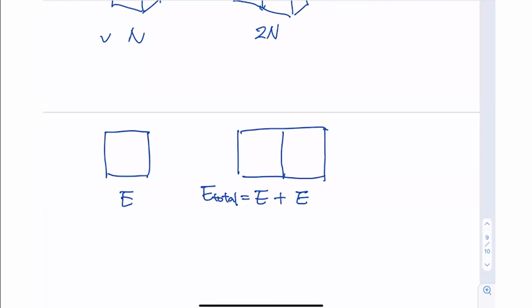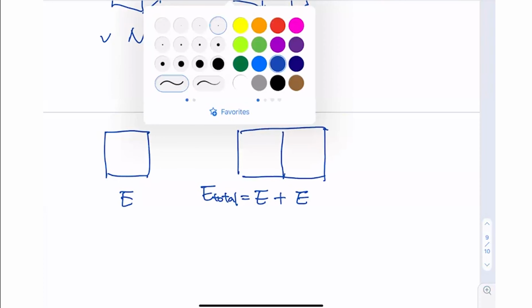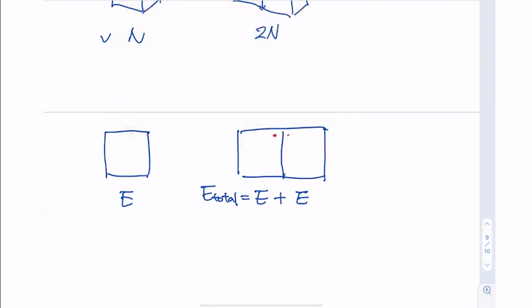However, one thing that's missing is actually that the two parts of your copy could have some interaction between them, okay? For example, suppose you have some particles, but they have some charge, like, I don't know, the experiment by Millikan, you have some oil droplets and you try to charge them.